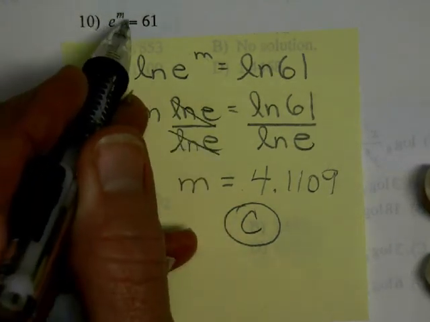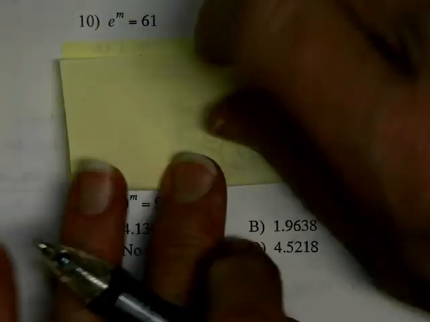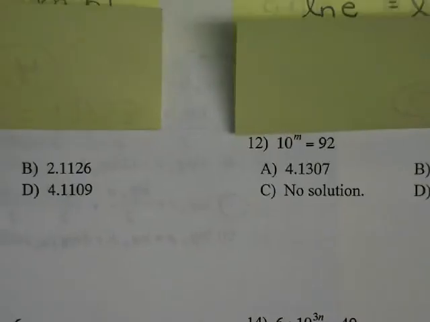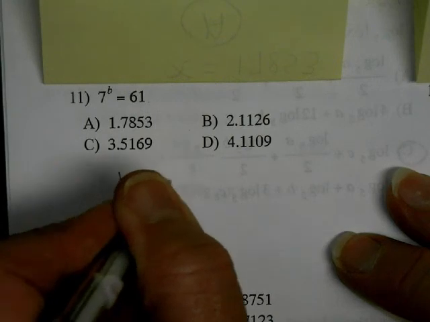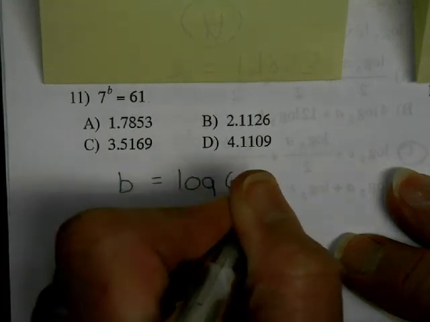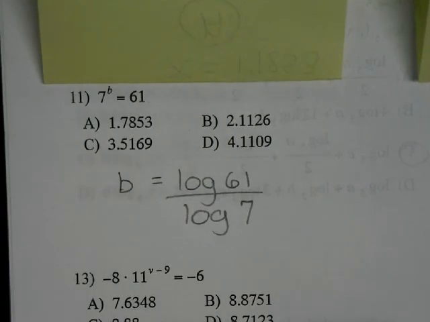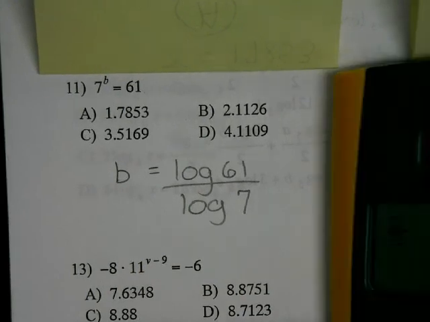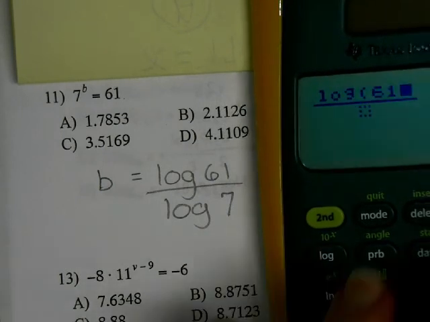Okay, so you notice what the answer is. I take the exponent is equal to the log of the other side over the log of the original base. So yeah, it doesn't hurt to do the exponent's what's missing. So this guy looks like he's got space. I can write that out. My b is the log of 61 over the log of 7. So you can use your little fraction button.